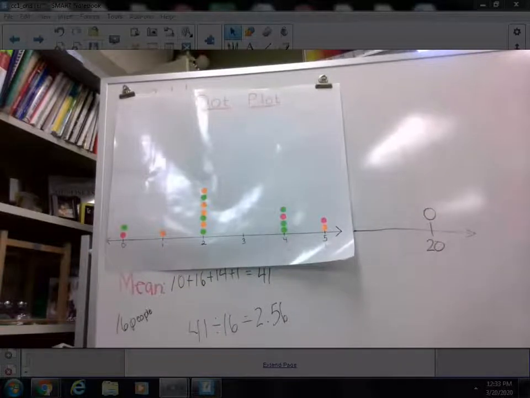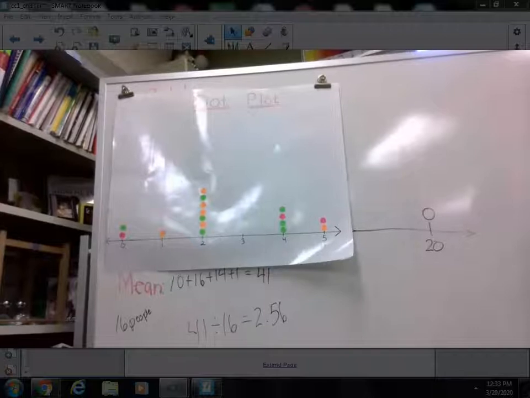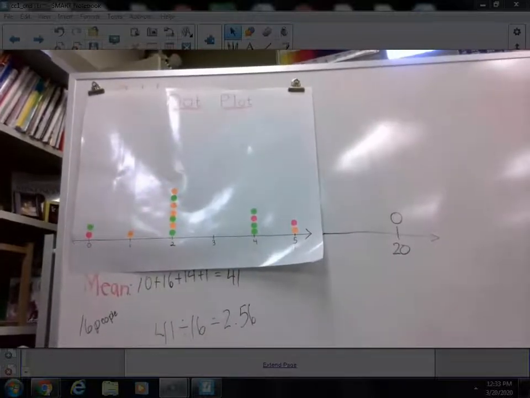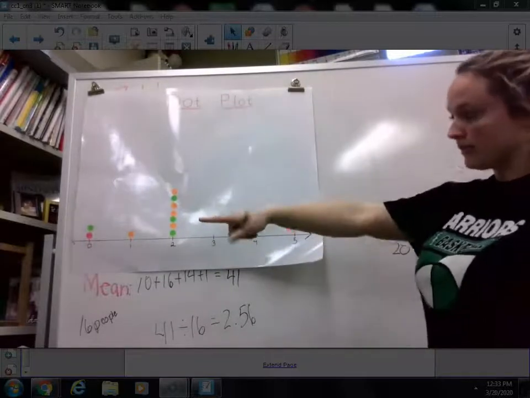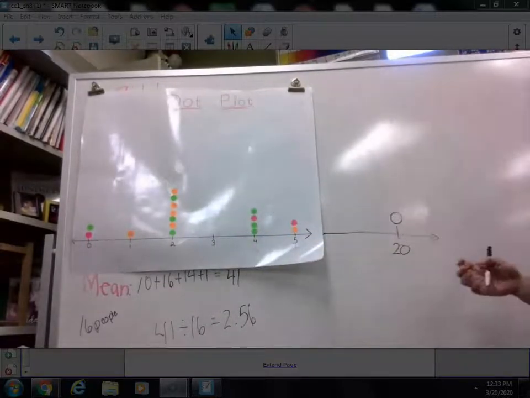So go ahead and think to yourself, which measure of central tendency would change the most? The mean, the median, or what would happen to the range? So Miss Lanza is going to talk to you about how the range would change. So our first range, we just had 5 minus the 0, which gave us a range of 5.